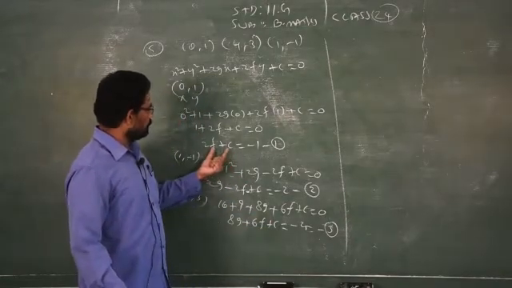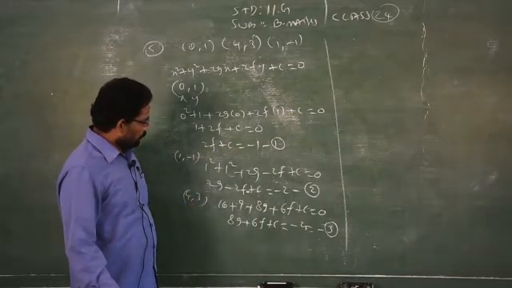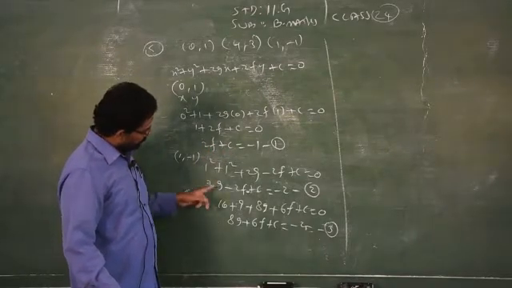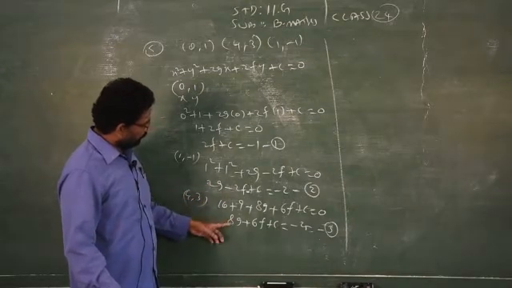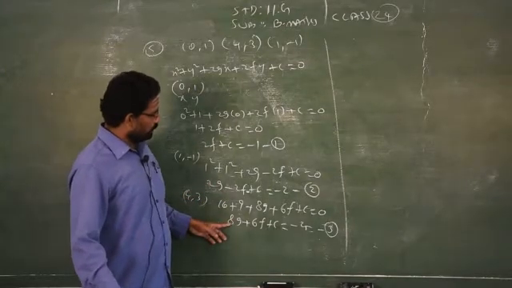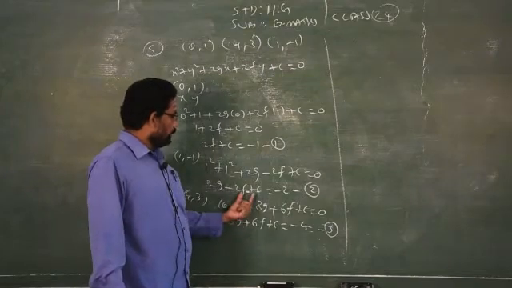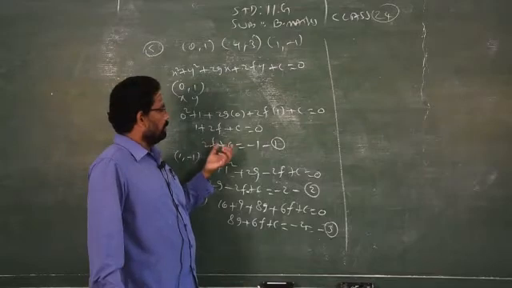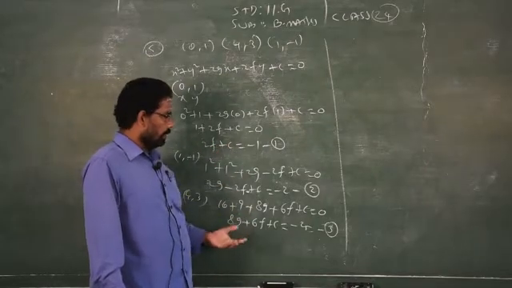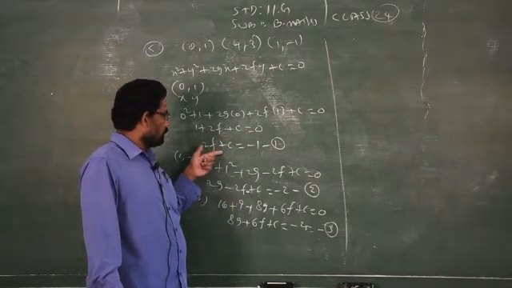But equation 1 is not in terms of g and f, so you have to cancel the variable g. Once you cancel g by applying the elimination method, your result will be in terms of f and c, and that will be equal to what? Equation number 1. So it will be very easy to solve.